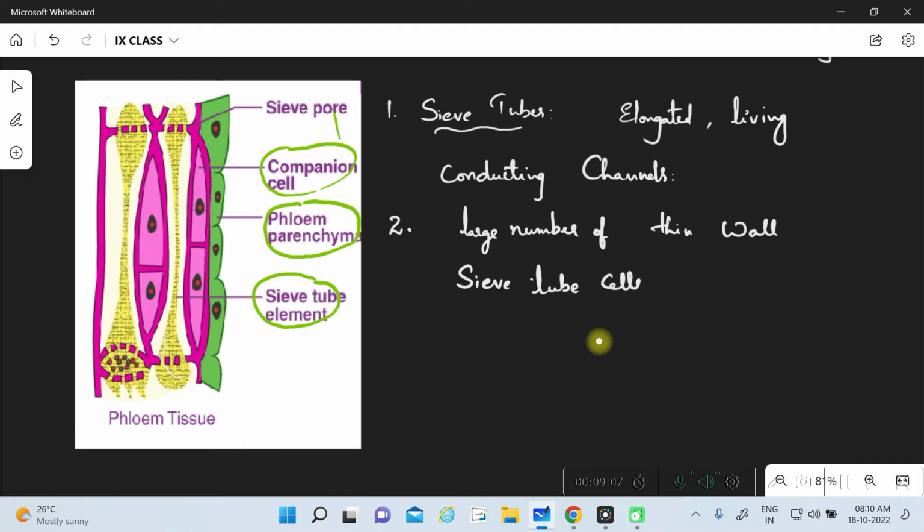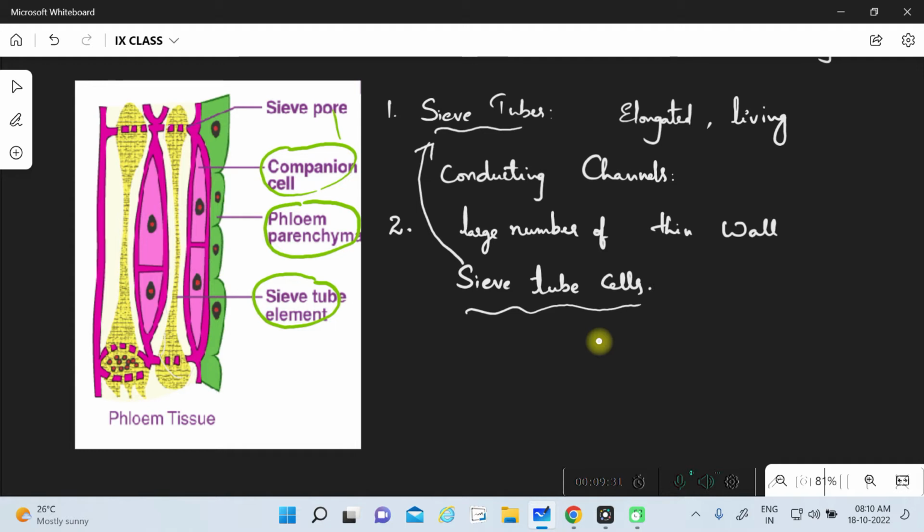By the union of many sieve tube cells, a sieve tube is formed. They are placed one above another.